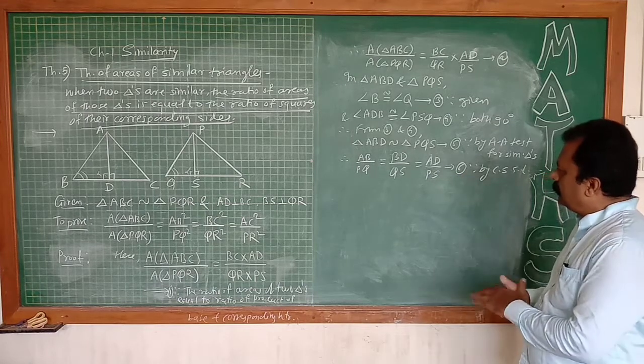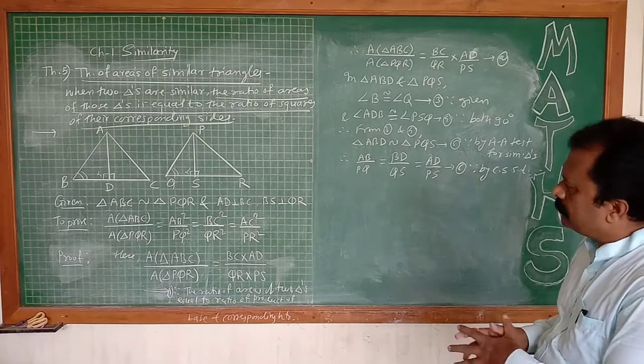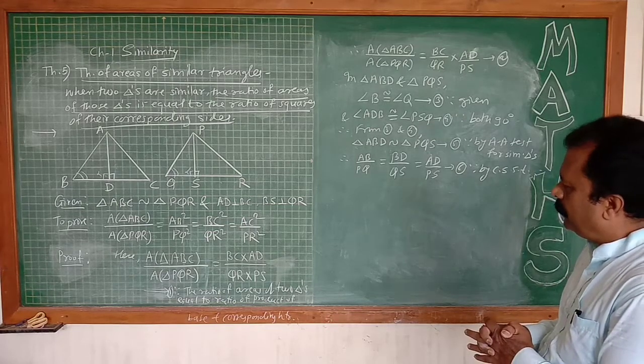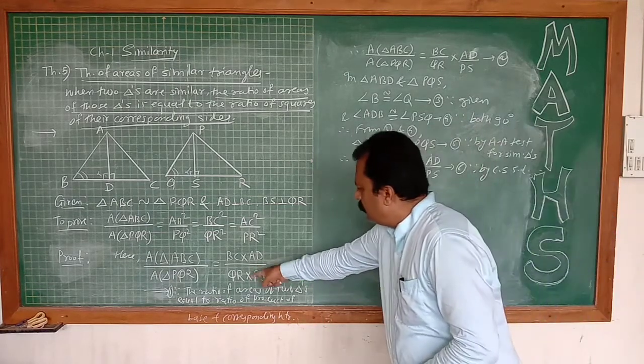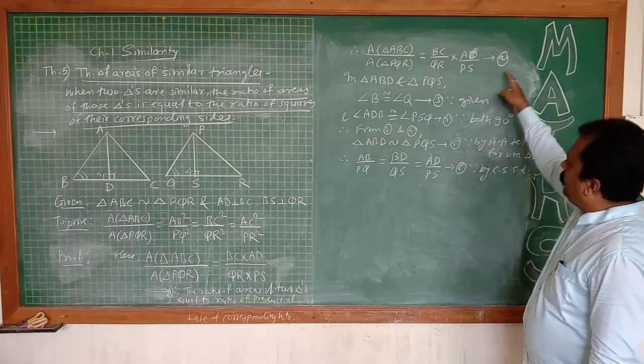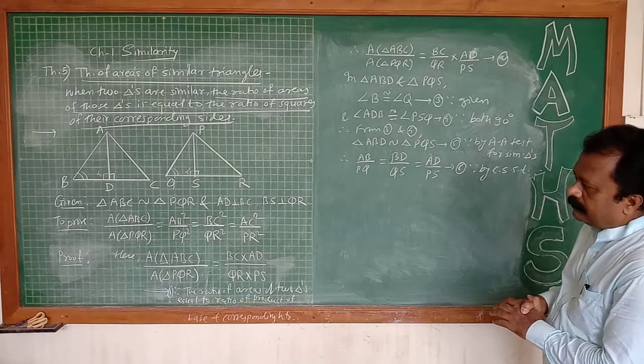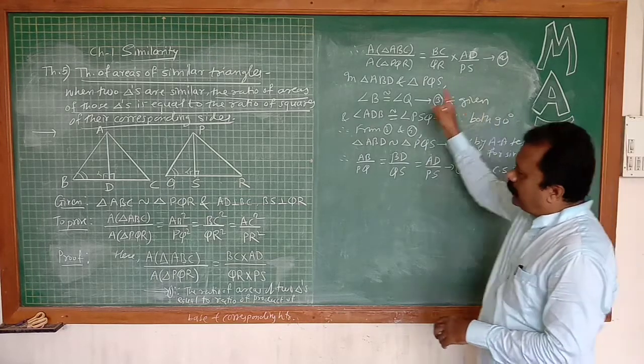This is our target. Where to complete? Here and here. Now AD upon PS is here, then from 2 and 3, it is not given. So what do you have to do?